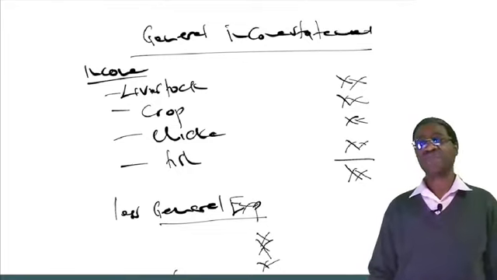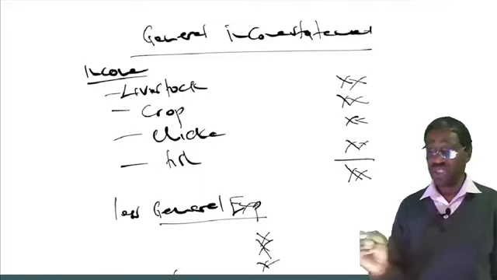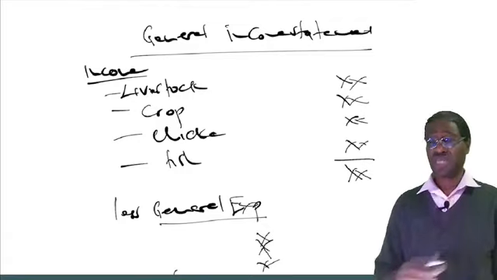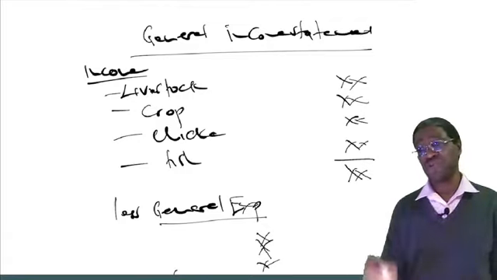Another paragraph. Or maybe you can put them in form of dashes. Let the first one, the revenue account, be the first dash.